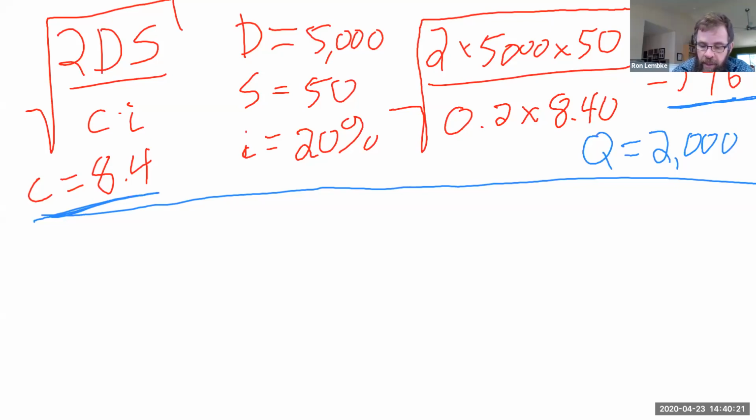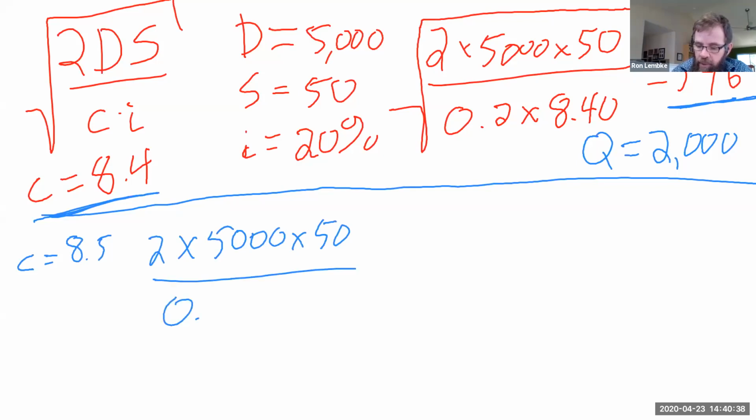Now the cost is $8.50, and all the other numbers are the same. So we'll have 2 times 5,000 times 50 divided by 0.2 times 8.5.